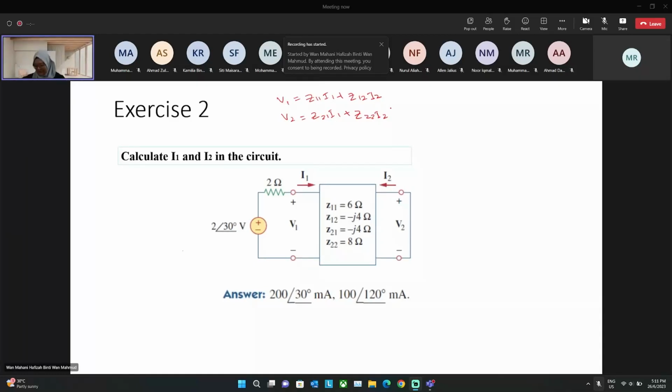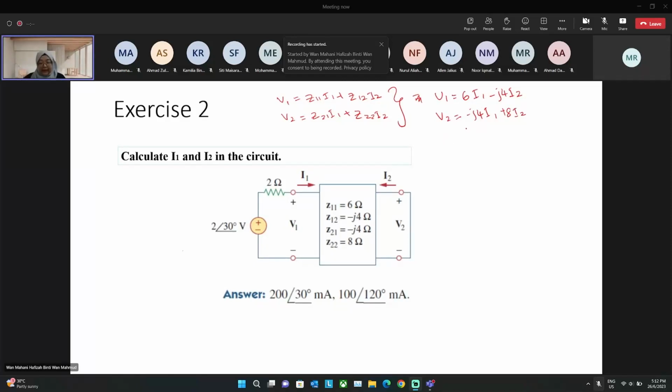Okay, so what we can do next is sama macam kita buat semalam lah, masukkan dalam parameter whatever information yang kita dah ada, which is V1 sama dengan Z11 is 6, 6I1 minus J4I2, and V2 equals to minus J4I1 plus I2. Okay, ini equation yang kita dapat.